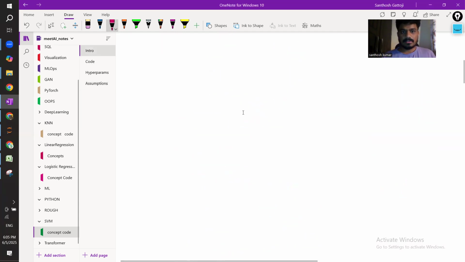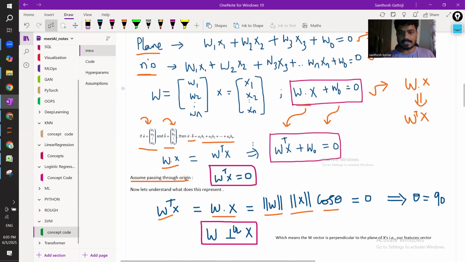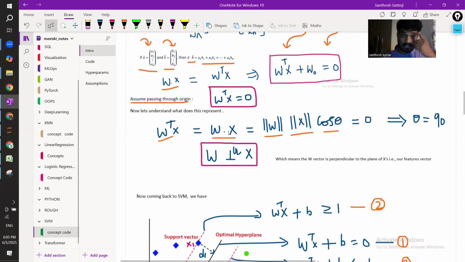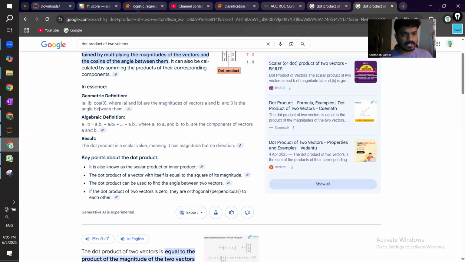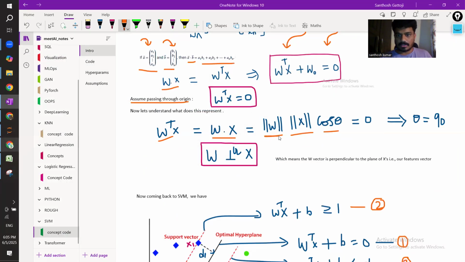Clear? So coming back, we are getting W dot X. W is some vector, X is some vector. Dot product, I'm saying 0. That means the dot product equation: magnitude of first vector, magnitude of second vector into cos theta is 0. So magnitude of W, magnitude of X into cos theta equal to 0.